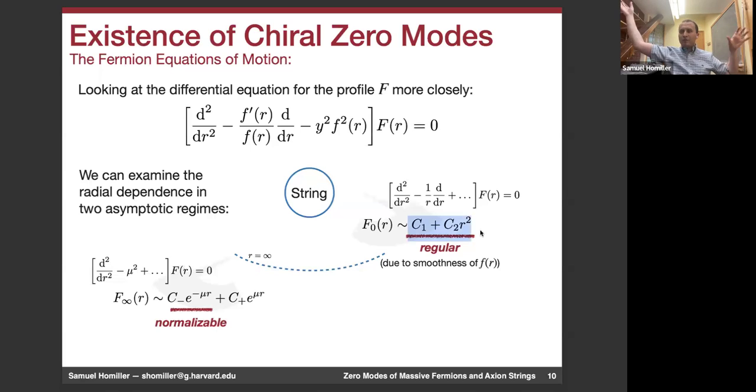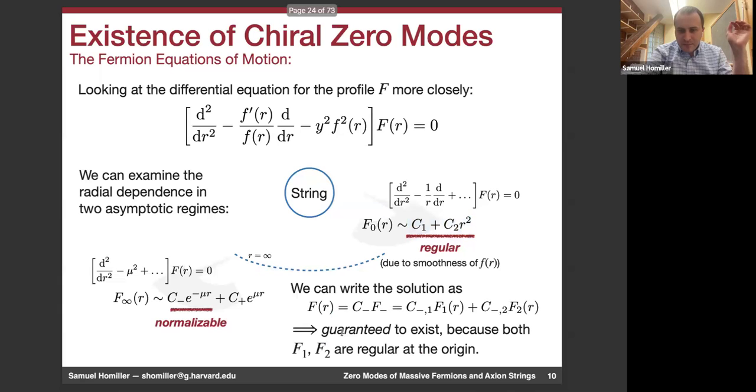And I know from the fact that this is a second order differential equation that this has to exist. So since you have these two solutions, there's always going to be some linear mapping between them. And so if I write F minus as the solution that asymptotes to this, I just know it has to be some linear combination of the two functions that asymptote to these.